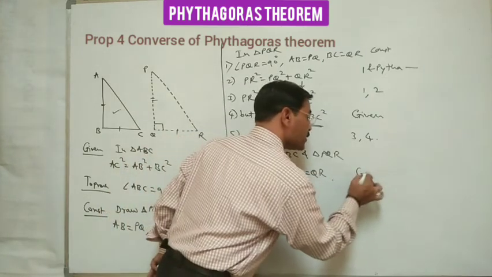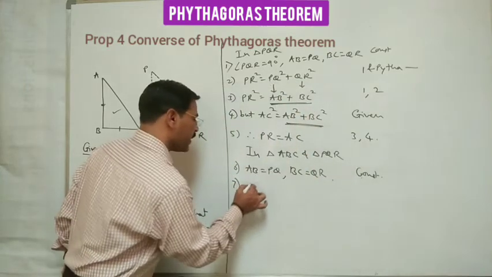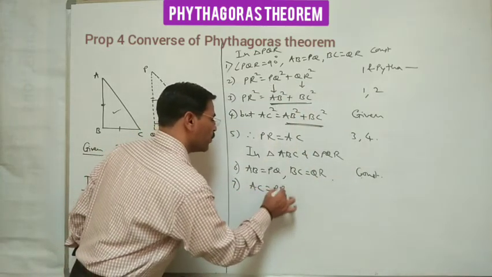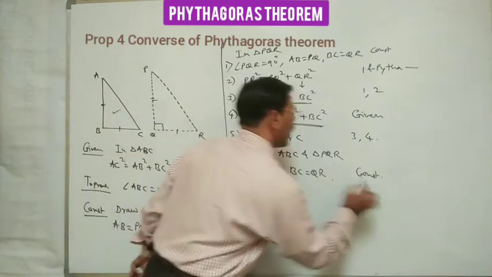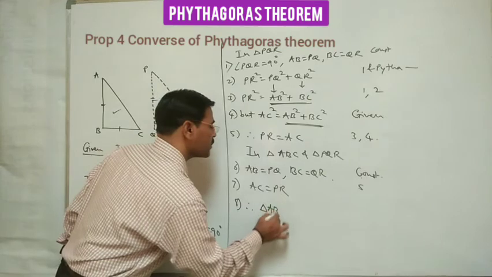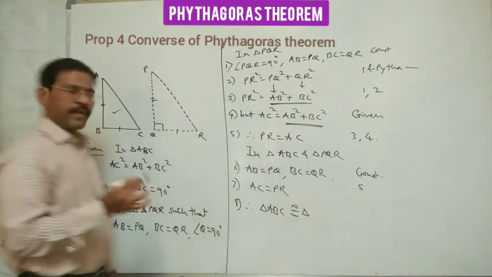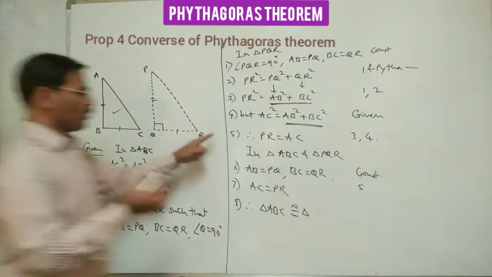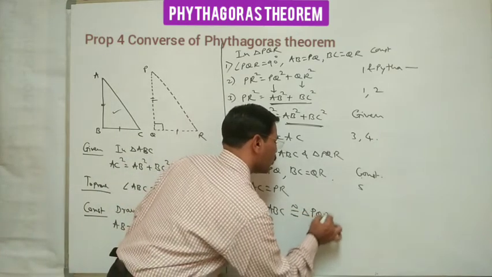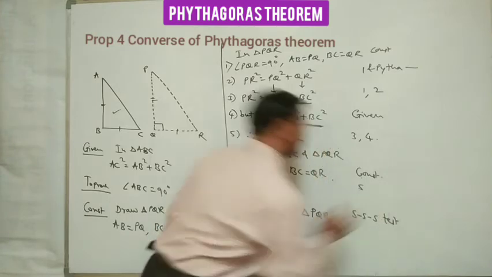This is construction. And AC equal to PR. This is from 5. Therefore, these two triangles become congruent, taking the names ABC, PQR like this. This is by the SSS test.